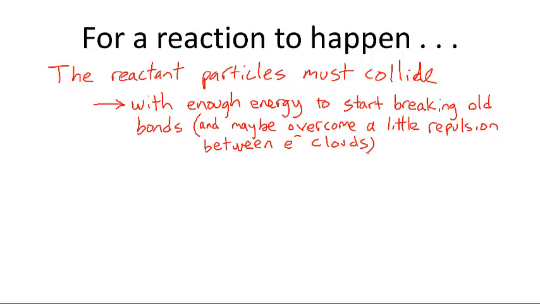They don't actually need enough energy to fully break their old bonds. In some reactions, the old bond needs to fully break before the new ones form, but in most cases, it's happening simultaneously, and so they don't have to fully break the old bond before the reaction gets going. So they have to collide with enough energy to start breaking old bonds.